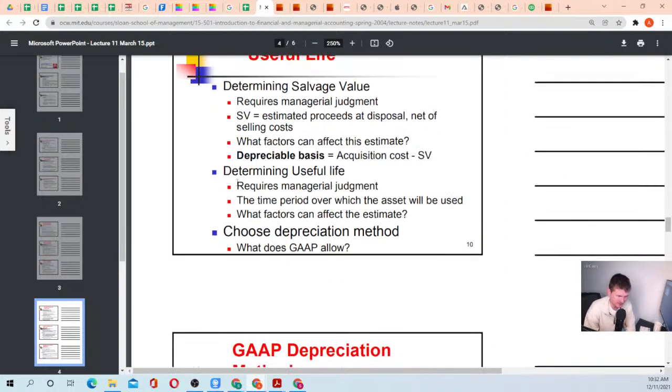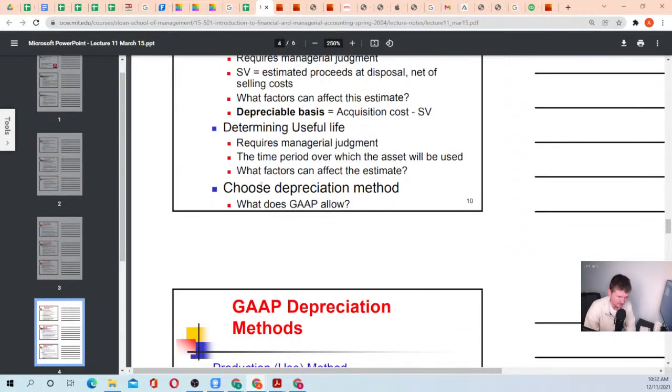Useful life, again, it's your managerial judgment. It's the time period over which the asset will be used, and many factors can affect your estimate in that respect. So first of all, that will be what is the substance of that asset. If it's a car, it's one term. If it's a building, the other term. You also have tax requirements related to depreciable basis of different assets. You can think about developing your policy around that.